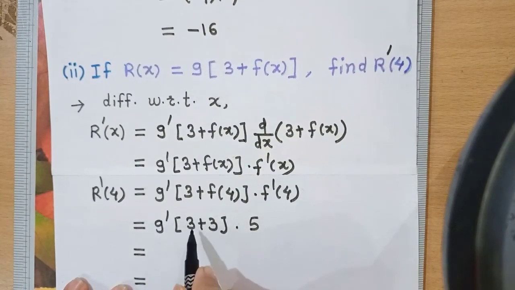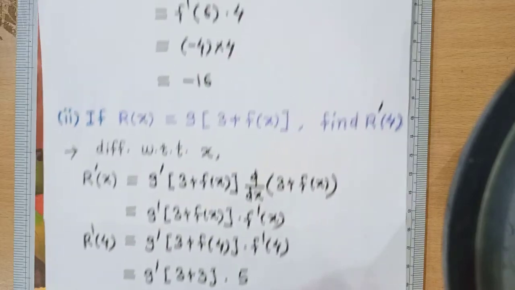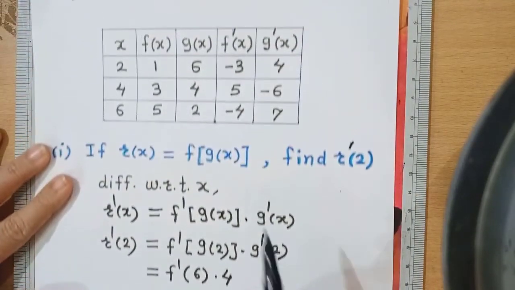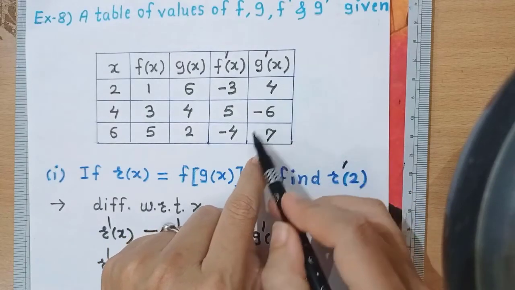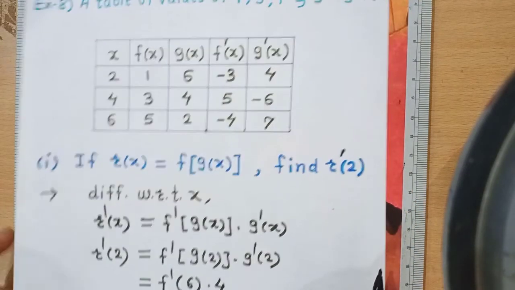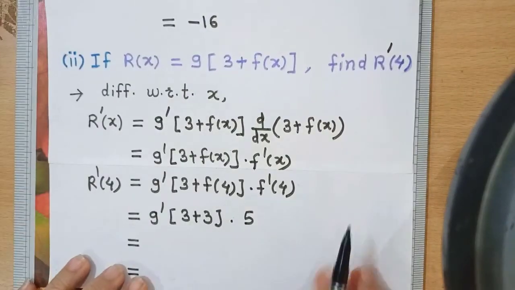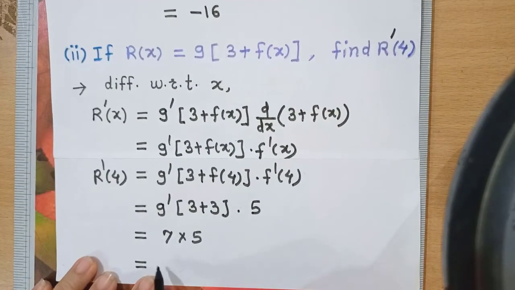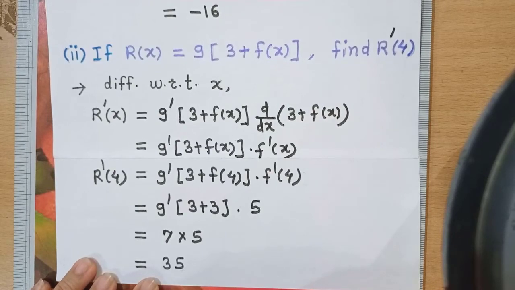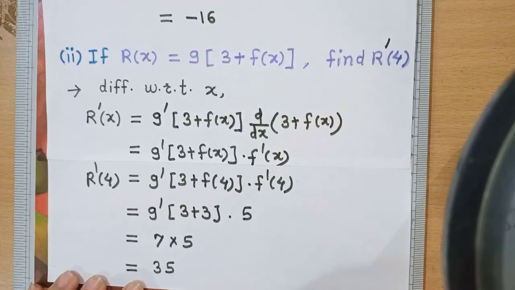Now again this g dash of 3 plus 3 means g dash of 6, now check again, in this column this value is 7, so write down here 7, this is multiplied by 5, and so final answer is 35. Very easy. Solve remaining examples the same way.